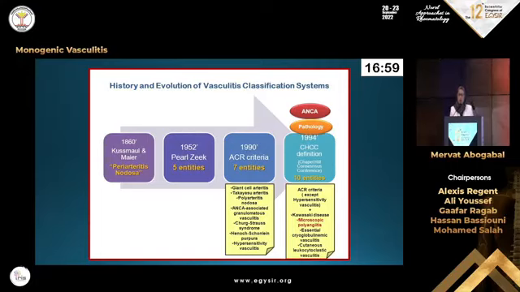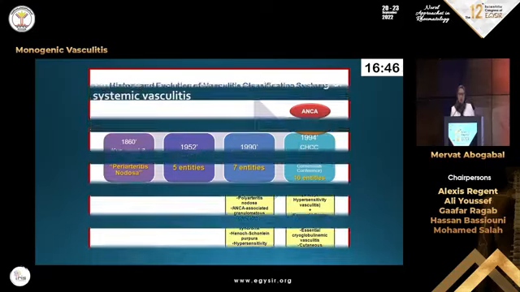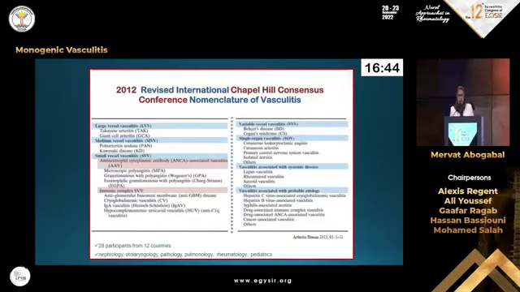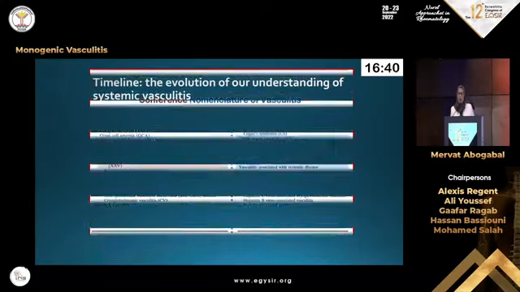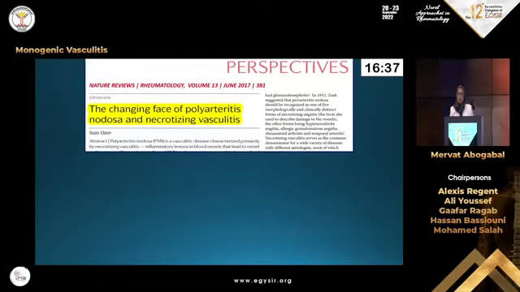In the same Chapel Hill classification, they introduced pathologic description for some forms of vasculitis when possible. Also, they incorporated serologic markers like ANCA into this classification. Since 2012, there has been no further classification of vasculitis until 2017.